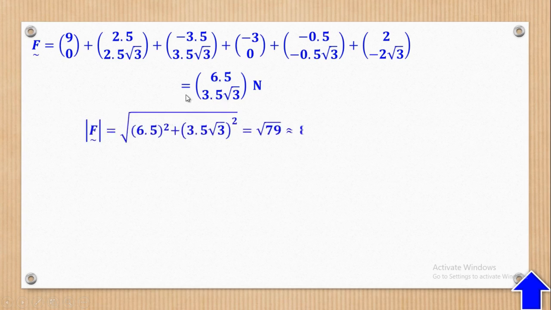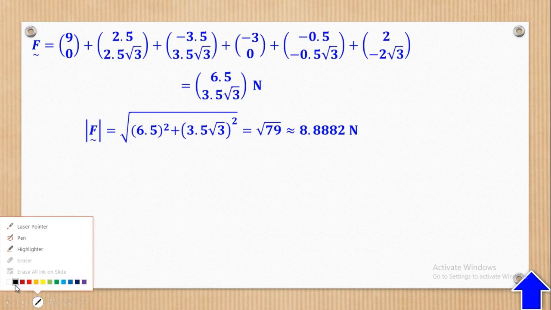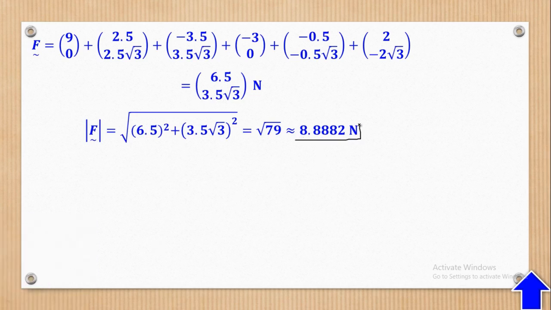With that, I'll be able to get the magnitude, which will be the square of the horizontal component plus the square of the vertical component, all under square root, to come up with my magnitude being equal to 8.8882 newtons.